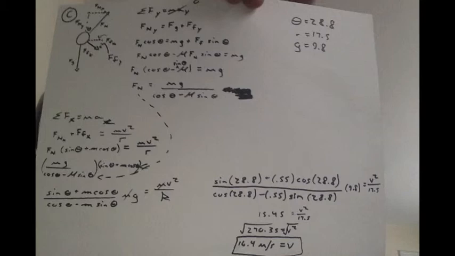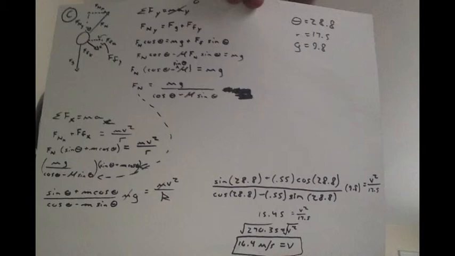Then you go over to this net force equation, that's the sum of Fc equals m ac, and you have the force of normal x plus the force of friction x equals mv squared over r. Now, what we can do with this is write the force of normal x as the force of normal sine theta, and the force of friction x as the force of normal times coefficient of friction cosine theta, and take the force of normal out of both these terms with the distributive property.